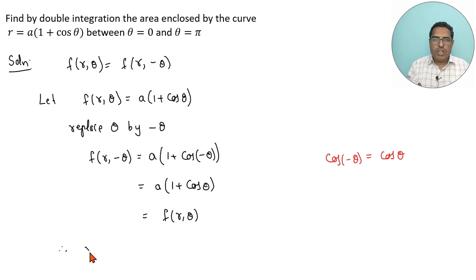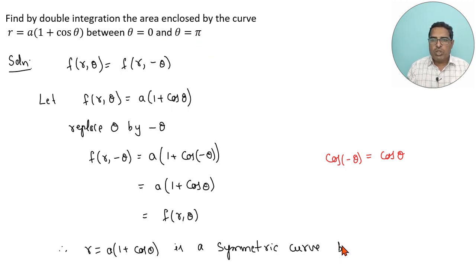Therefore r is equal to a into 1 plus cos theta is a symmetric curve, symmetric about the line theta is equal to 0 and theta is equal to pi.